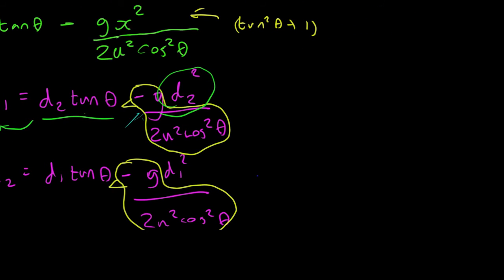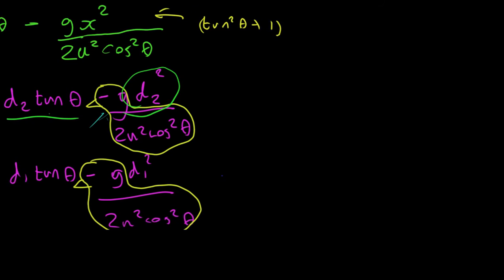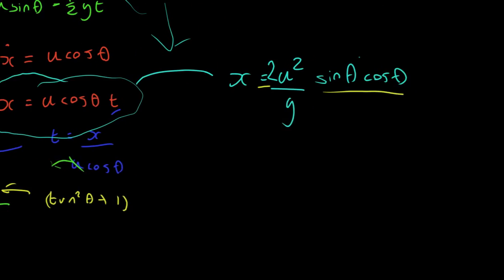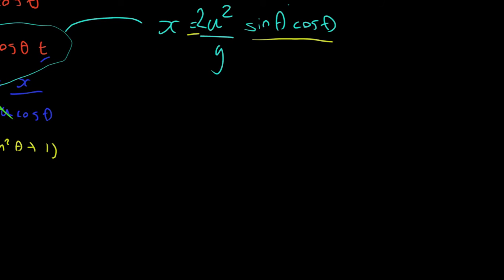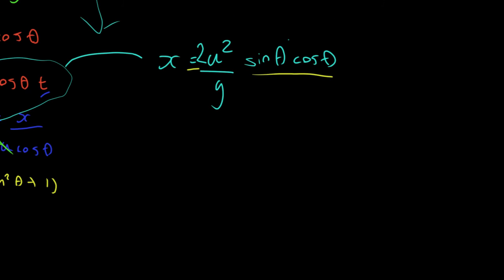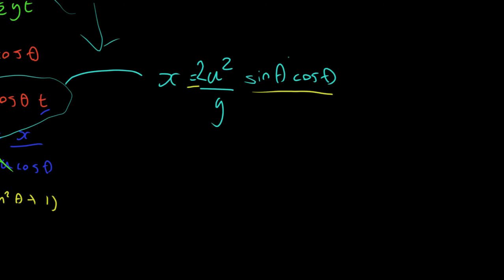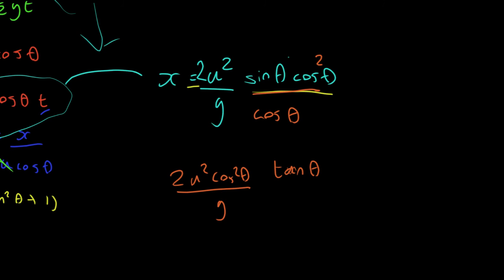We would like a cos squared theta involved, so we're going to ad hocly make that so. I'm going to write that as cos squared over cos, which is nice because sine and cos equates to tan. So that's tan theta times 2u squared cos squared theta over g. That is our range, x.